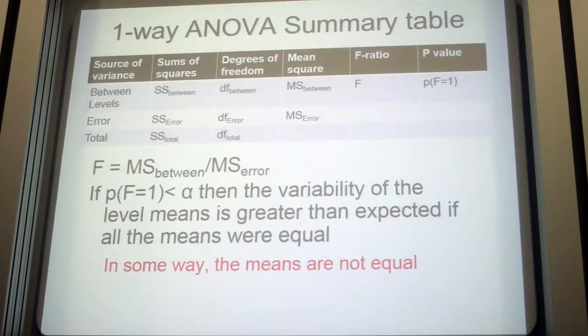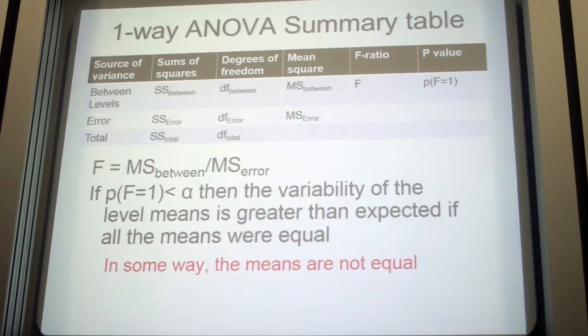When we run the ANOVA, we get our variance table, and with it we can see the p-value of the F. F should equal 1 under the null, because we have two estimates of the same thing, the variance of the means: the mean square between divided by the mean square error.